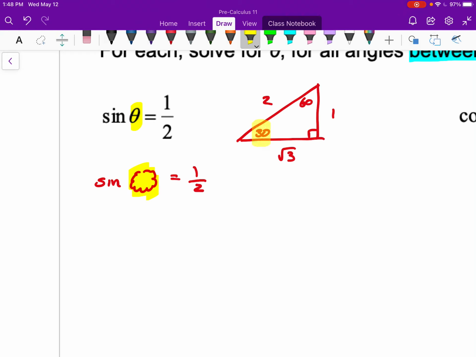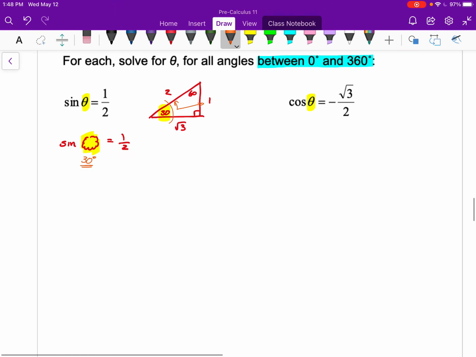The sine of 30 degrees must be a half, because from 30 degrees we have opposite over hypotenuse, 1 divided by 2. And so I know 30 degrees must be one possibility, because the sine of 30 degrees equals a half. So one of my answers is 30 degrees, but it's not my only answer.